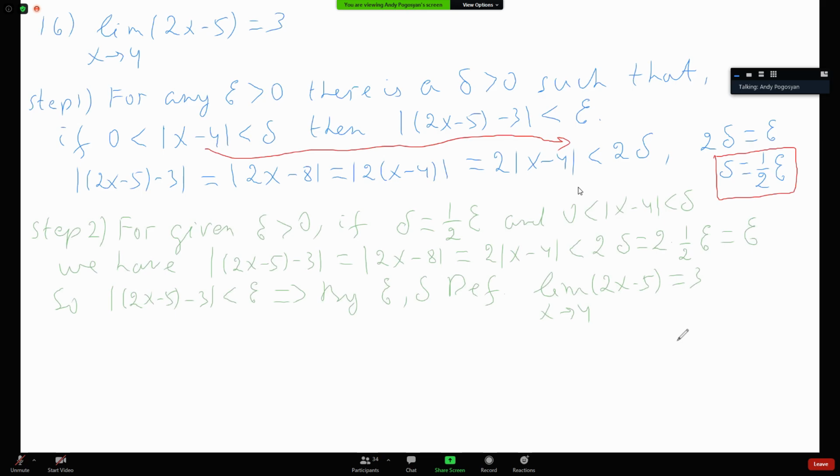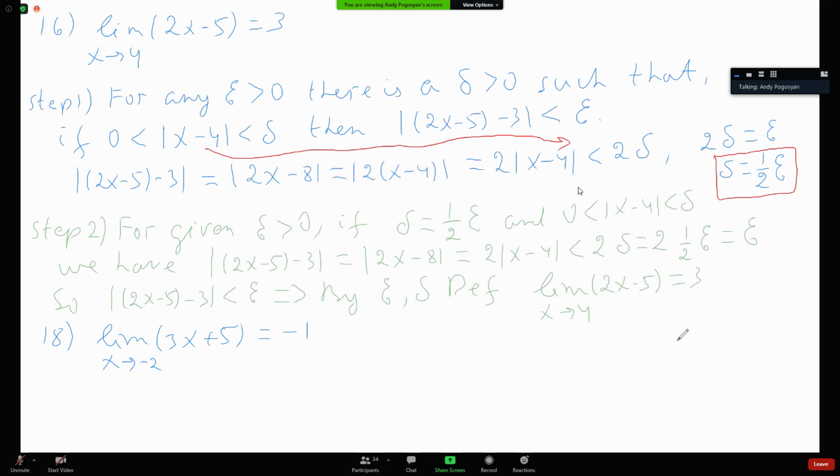Now leave this one on the board, even though you have it. Try 18, write the proof. So if you substitute, you get negative 6 plus 5 is negative 1.